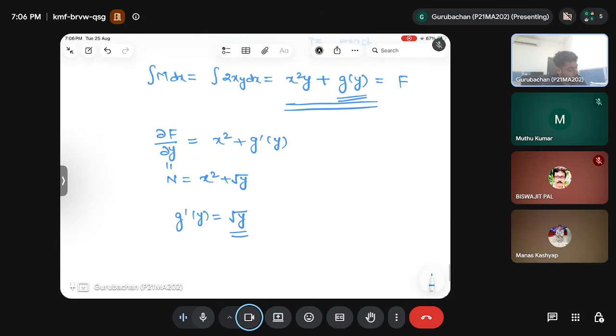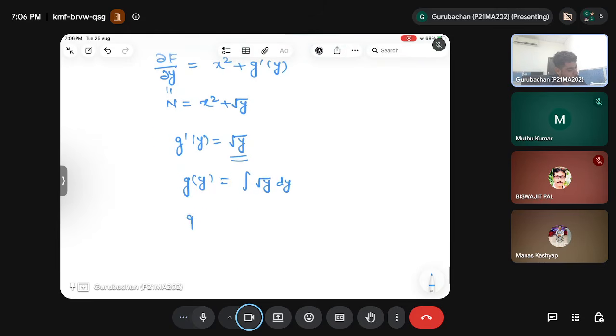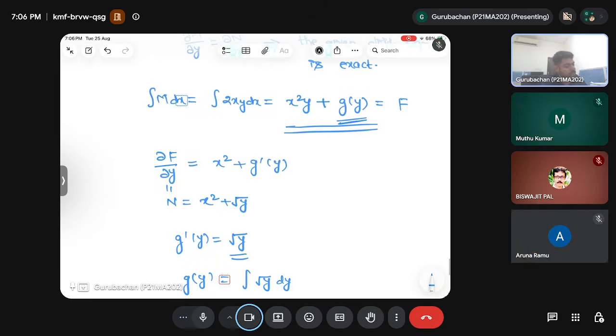So from here you will get g of y as the integration of under root y dy, which is 2 by 3 y to the power 3 by 2 plus some constant. Now you can say this constant is only a number, because earlier you treated the constant with respect to y.